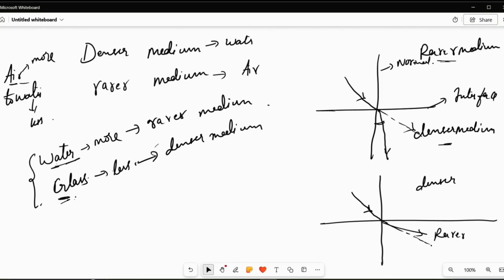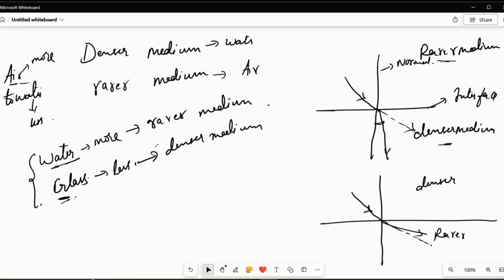Then how much will it bend? When the difference in the velocity is more, the bending will be more. Which direction means what? When it is moving from rarer to denser, rarer means light moves faster, denser means light moves slower.